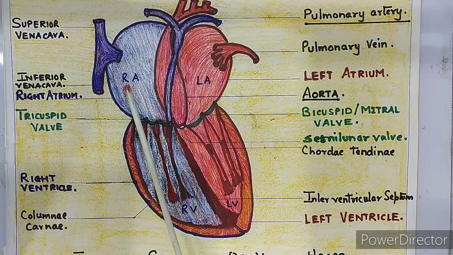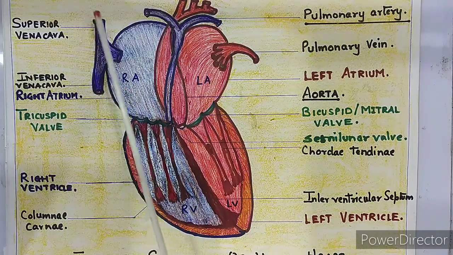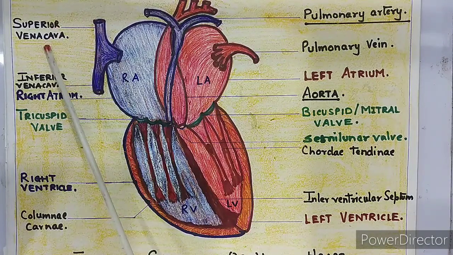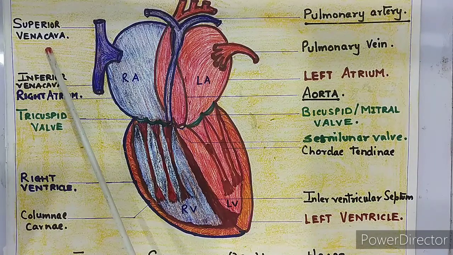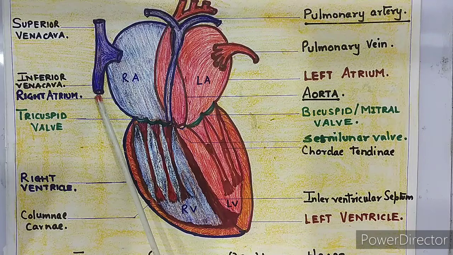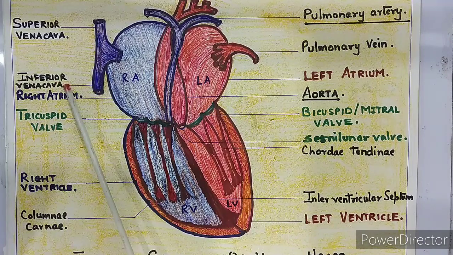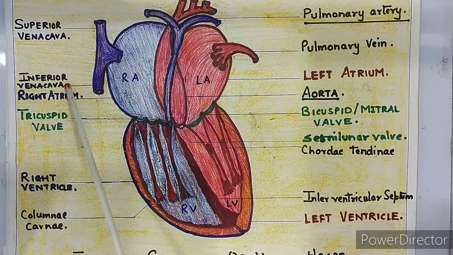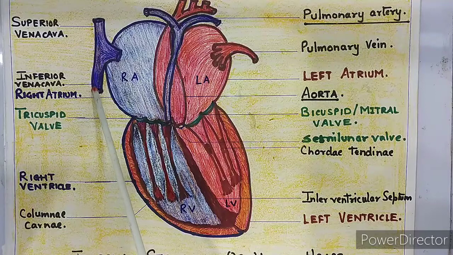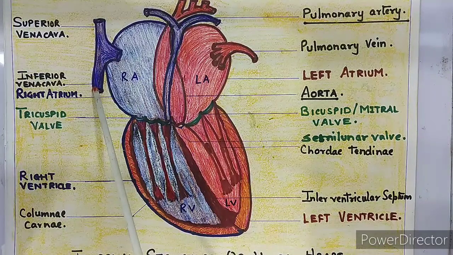So look at, children, on the right side, we have these 2 veins. The upper one is called the superior vena cava, also called the precaval vein, bringing deoxygenated blood from the upper sides of the body, whereas the lower vein is the inferior vena cava, also called the postcaval vein, bringing deoxygenated blood from the lower side of the body.